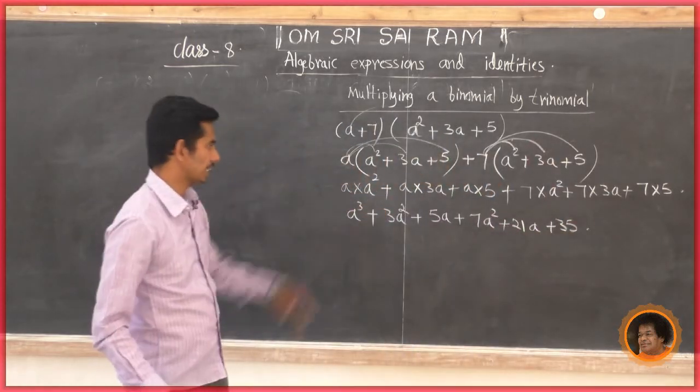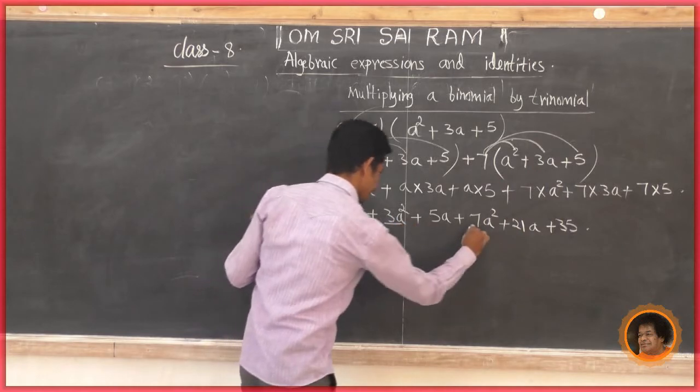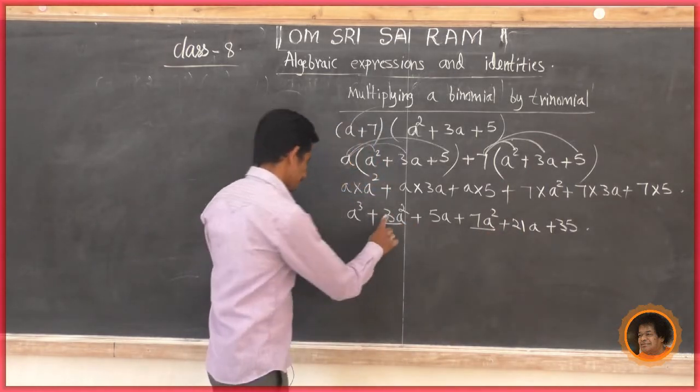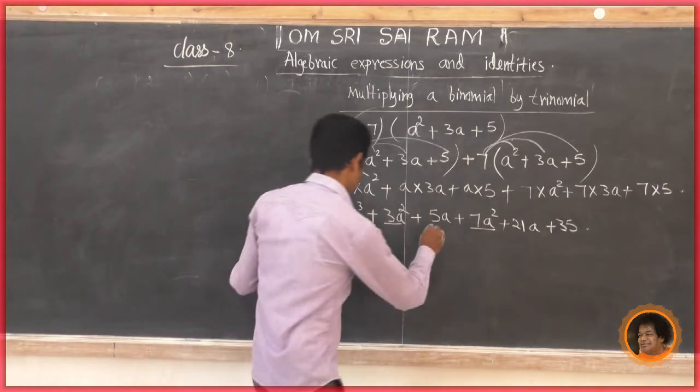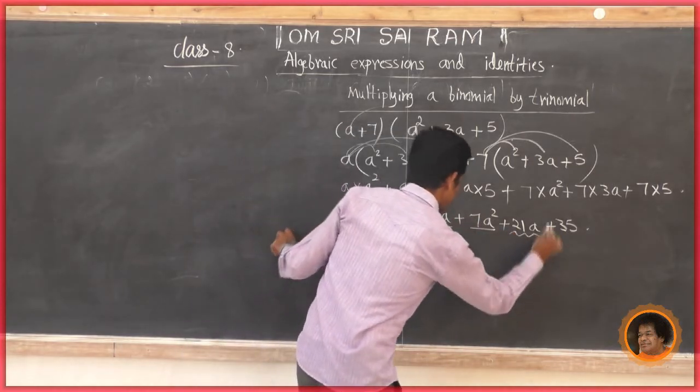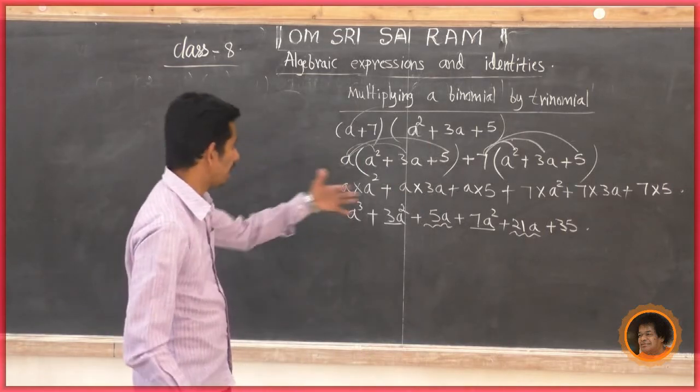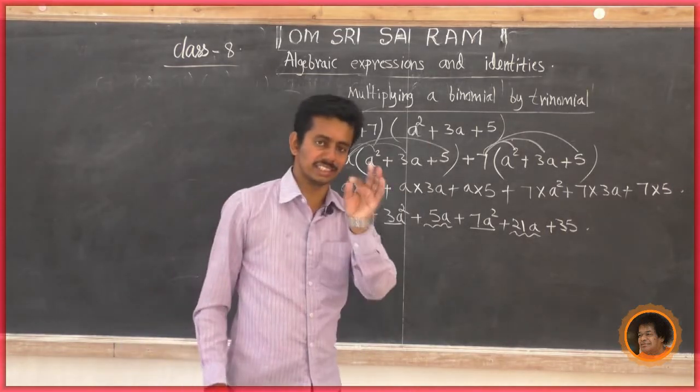Are there any like terms in this? 3a squared and 7a squared. So if we add 3a squared and 7a squared, we get 10a squared. Then 5a and 21a, both are like terms. If we add these, we get 26a.